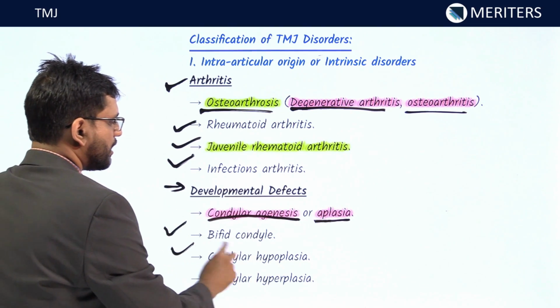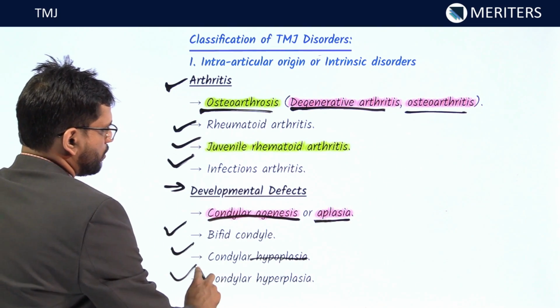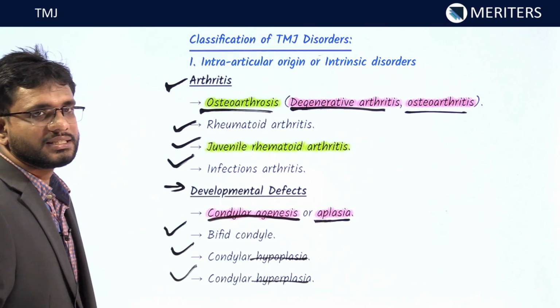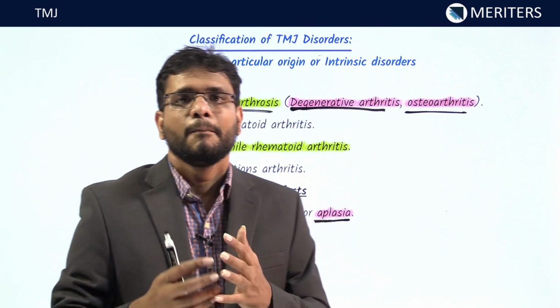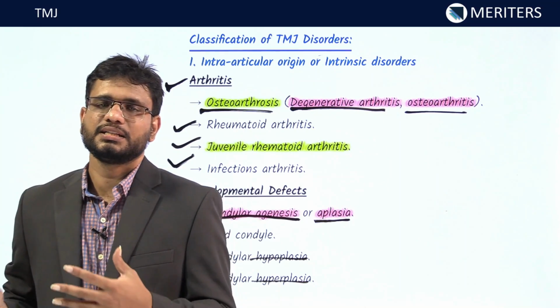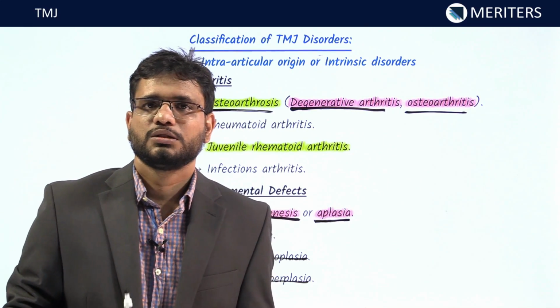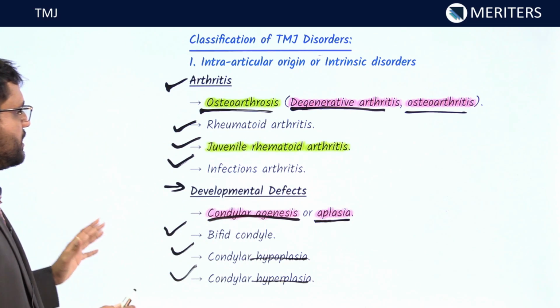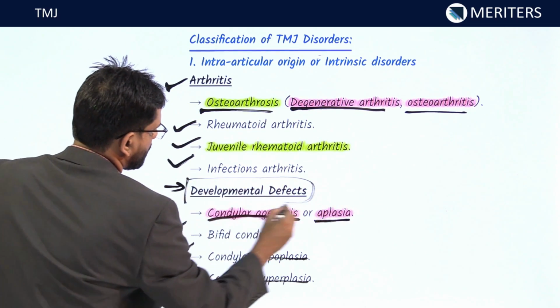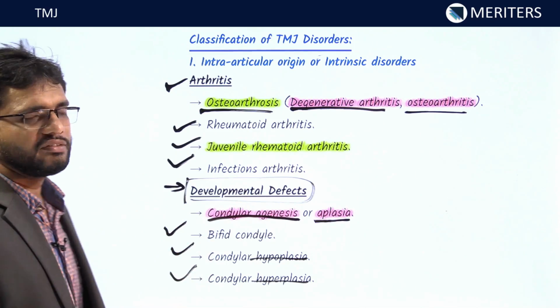Then there can be condylar hypoplasia or condylar hyperplasia. In some cases the condyle is forming, but not completely. The size is lesser than normal, and sometimes it is more than normal. All these are derangements due to congenital problems, or we can say developmental defects.